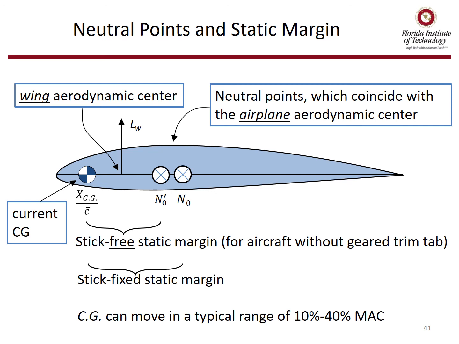And again, the neutral points, whether stick-free or stick-fixed, are coincident with the overall airplane aerodynamic center. The wing has an aerodynamic center, but the wing plus fuselage plus tail produces an overall airplane aerodynamic center, and those coincide with the neutral points.